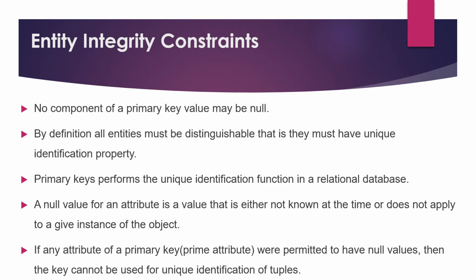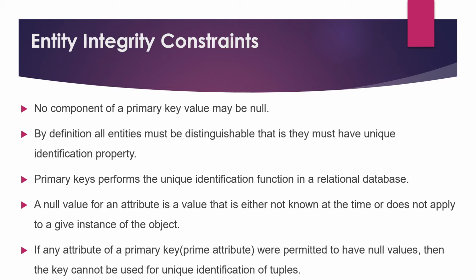Entity integrity constraints. No component of a primary key value may be null. By definition, all entities must be distinguishable, that is, they must have a unique identification property. So we can use a primary key to distinguish the entities in the table. Primary keys perform the unique identification function in a relational database.